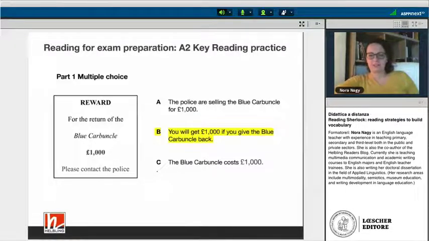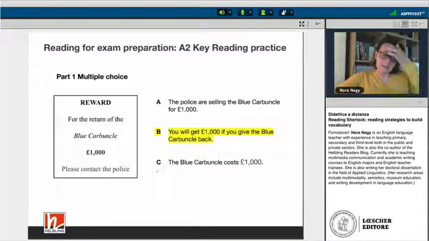Okay, when you check the right answer, it's also a good idea to check why the other 2 answers are wrong. So is the police selling the blue carbuncle? Not really, because you have to return it. And you are getting a reward, so it is not the price. The blue carbuncle costs £1,000. We don't know how much it costs, because again, you only get it as a reward if you return it and contact the police first.